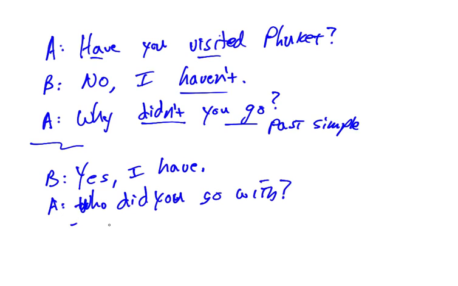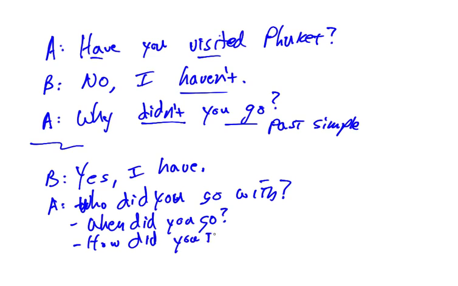Or maybe, when did you go? How did you travel there? And so on. All of these are past simple. Now that we've established or understood that something has happened or not happened, we can ask questions in the past simple about it.